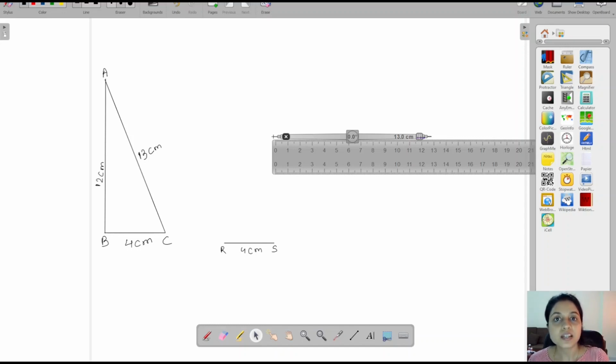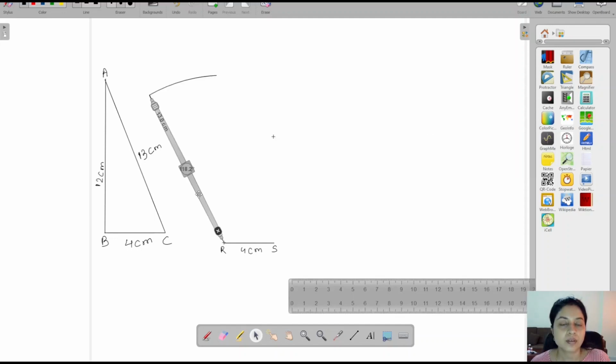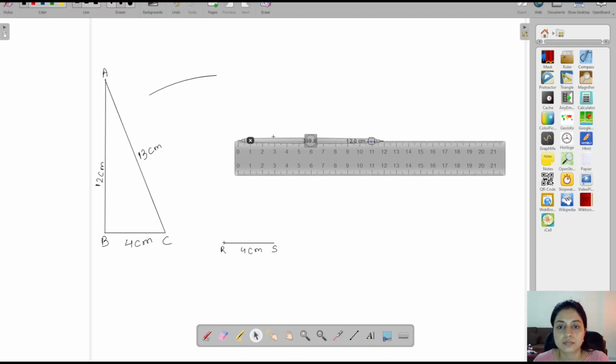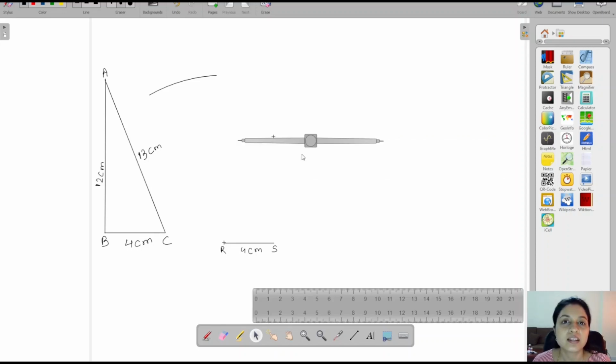Now place the needle of the compass on point R and make an arc like this. Now let's take the other side measurement in the compass, that means 12 centimeters. Let's make an arc by keeping the needle of the compass on point S.